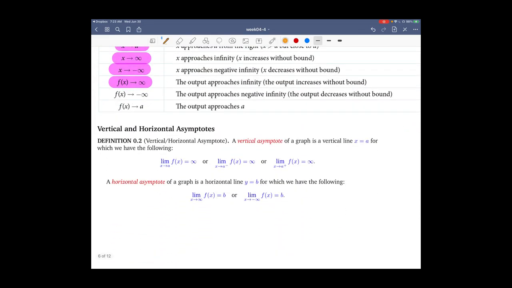Now, a horizontal asymptote is a horizontal line of the form y equals b, for which b is the limit of f at either positive infinity or negative infinity.